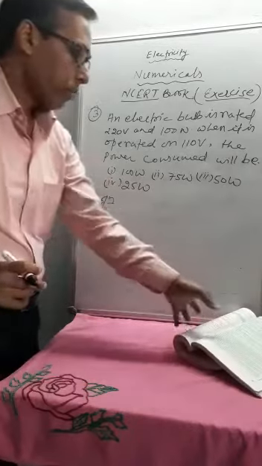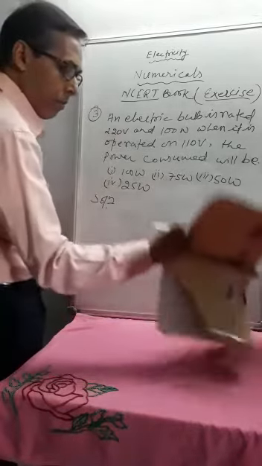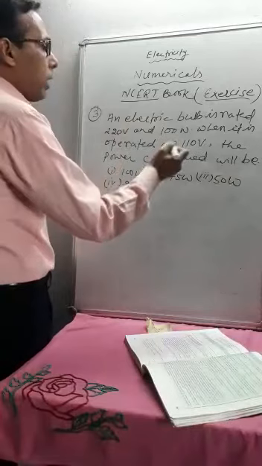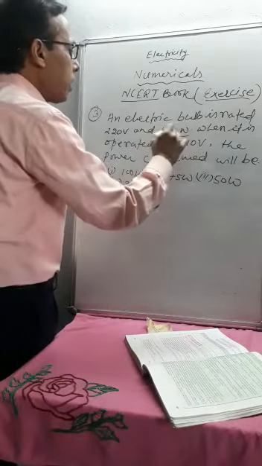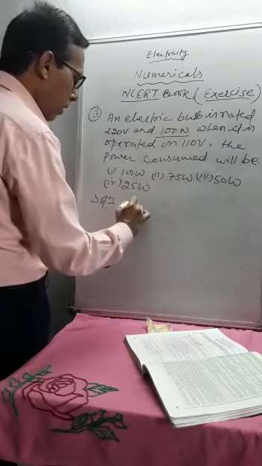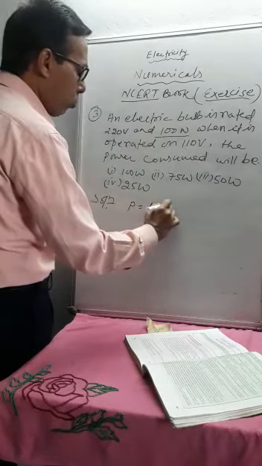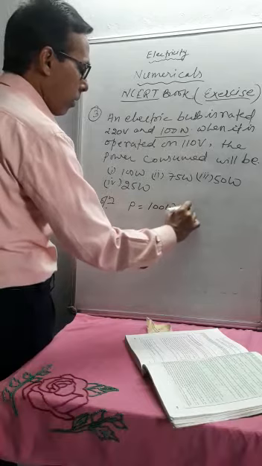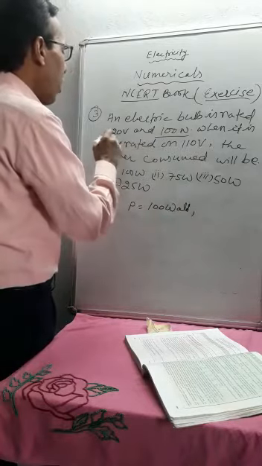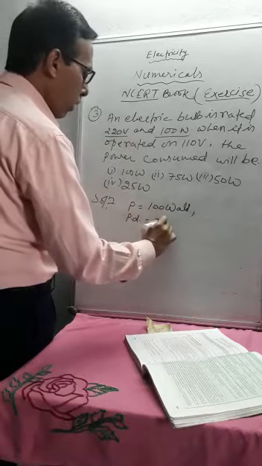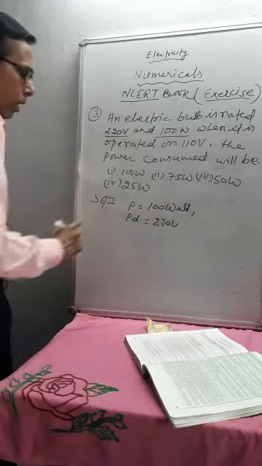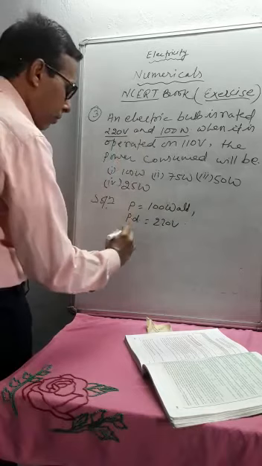Here in this question, a bulb whose power is given, that is P is equal to 100 watt, and potential difference is given, 220 volt. So here you have to find the resistance.